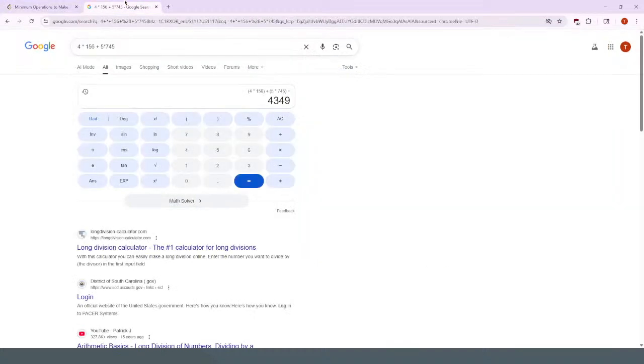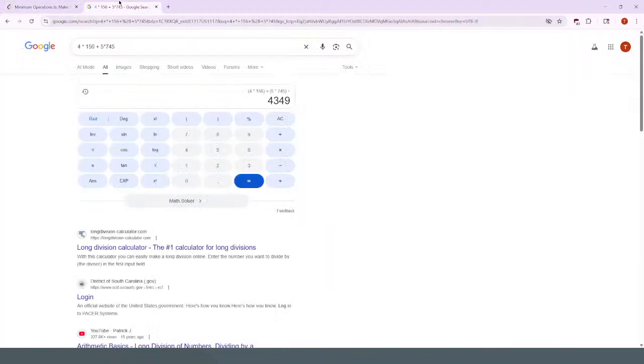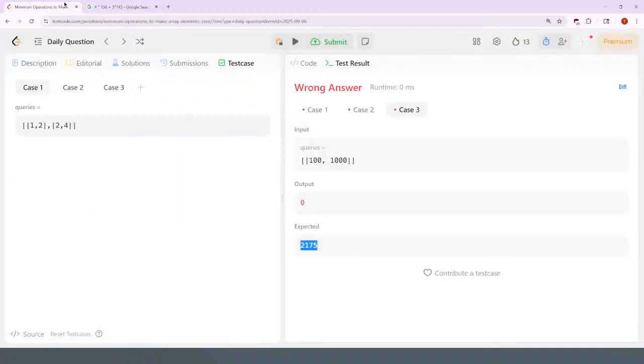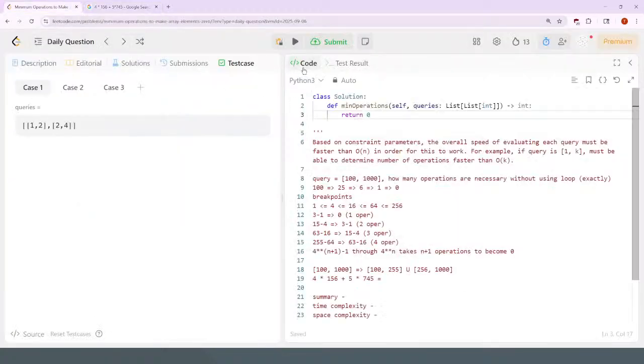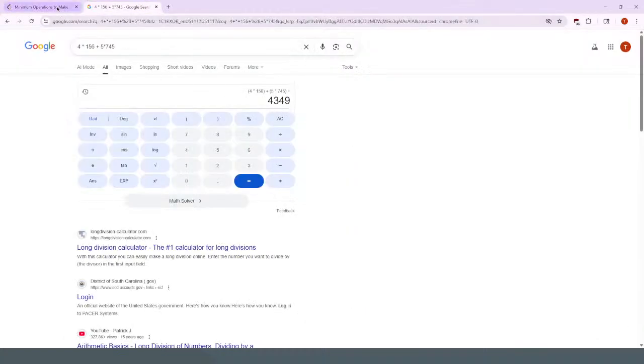Gosh darn it. Okay, so I'm off by like an order of magnitude, kind of. Oh, yeah, I'm thinking about this wrong. Because each operation takes 2 numbers, right? So 4349.